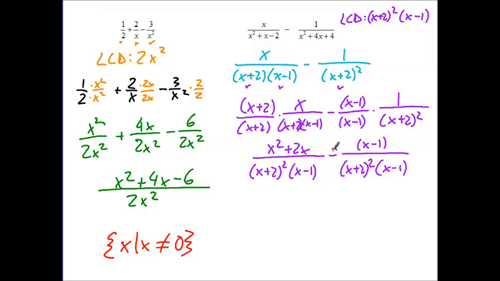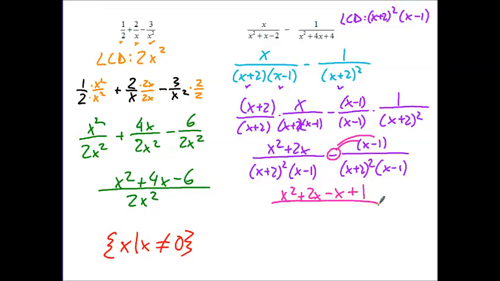Let's realize that this is subtraction, and the subtraction counts for both terms in the parentheses, so we need to distribute the negative sign. Make no mistake here, and then we get x squared plus 2x minus x plus 1, minus times the minus.